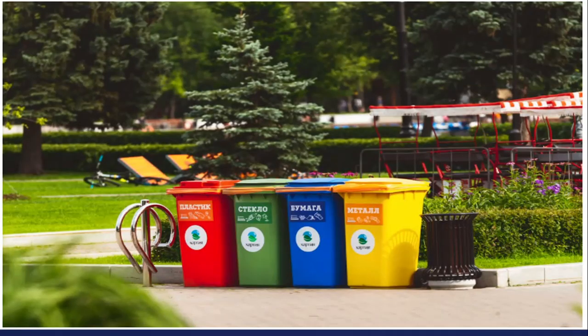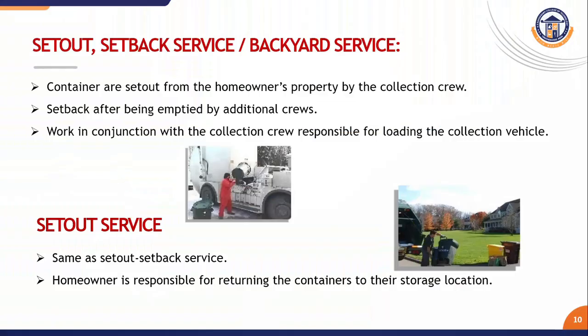Here you see bins of different colors, yellow, blue, red and green, used in parks and everywhere. It is the people's responsibility to give the waste according to the color coding.